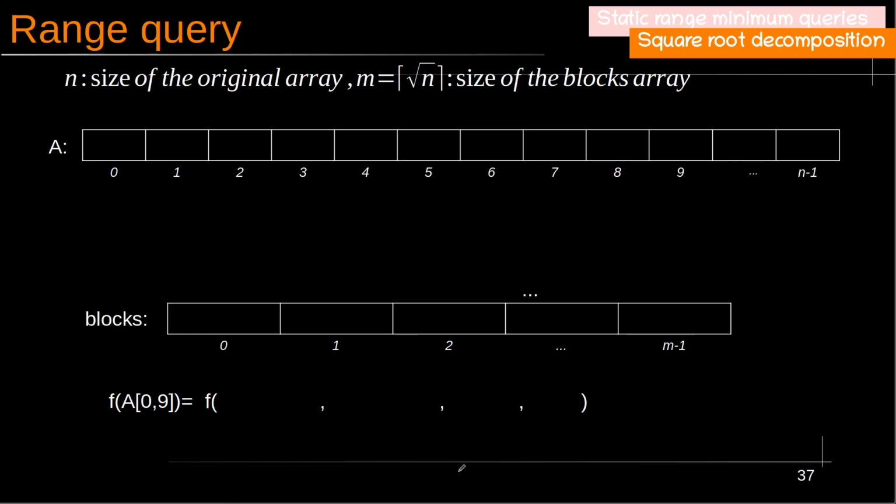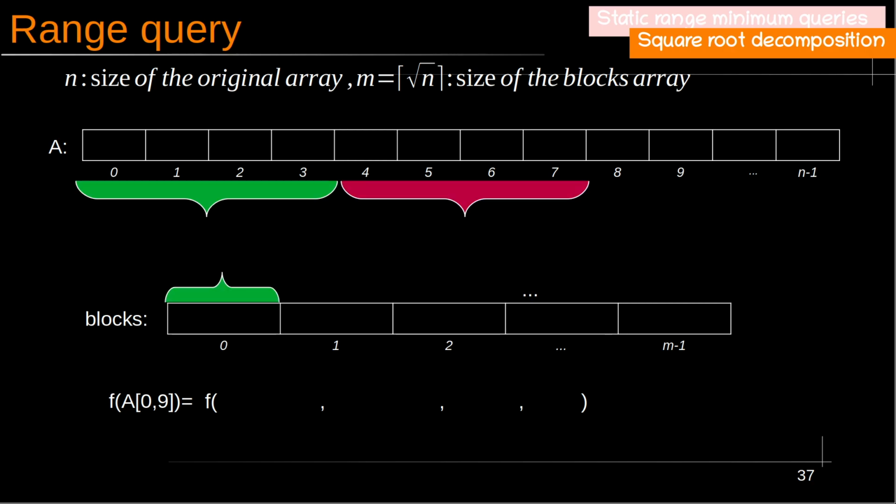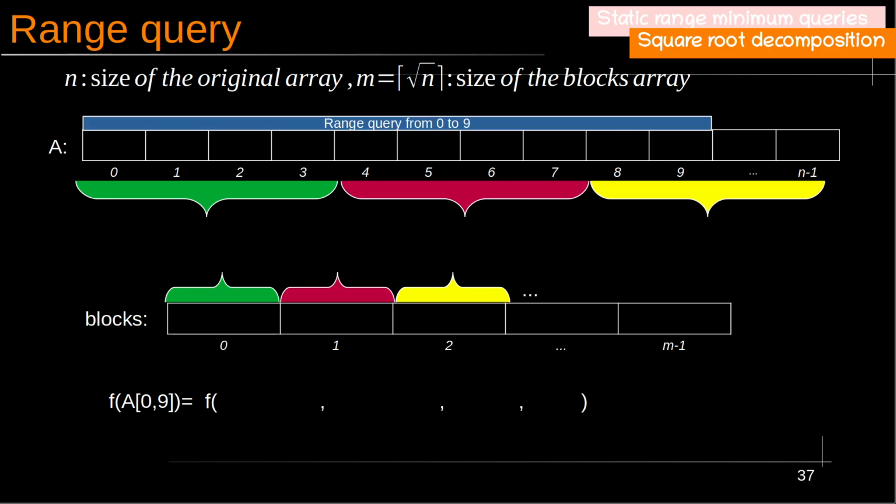Okay. How to perform a range query? Let's see a general example here, but I will take values here to understand what's going on. As we have seen, the original array is divided into blocks, and now we want to compute the range query from 0 to 9.